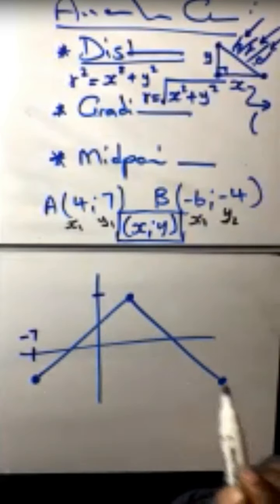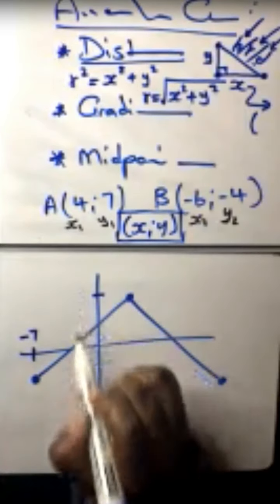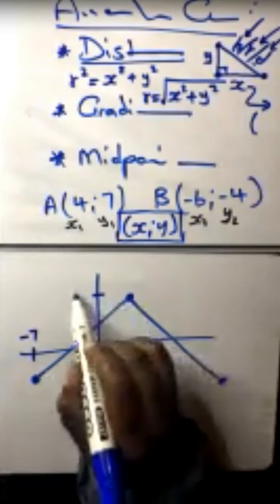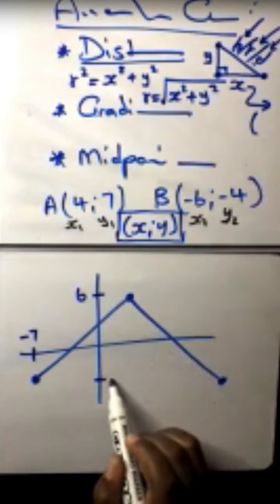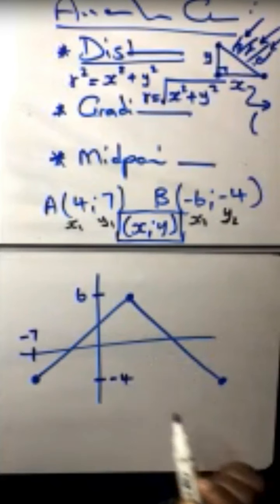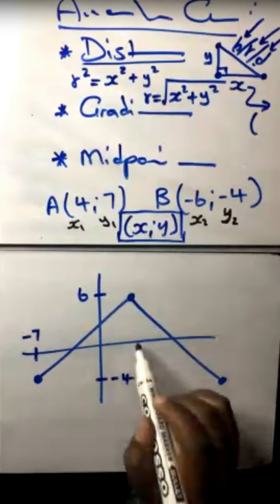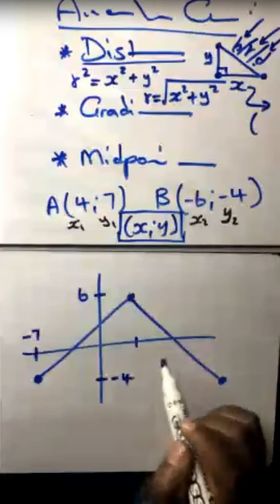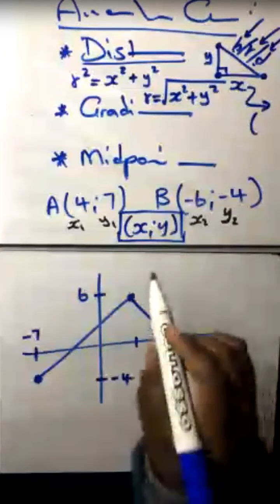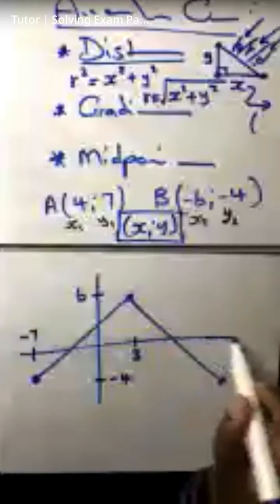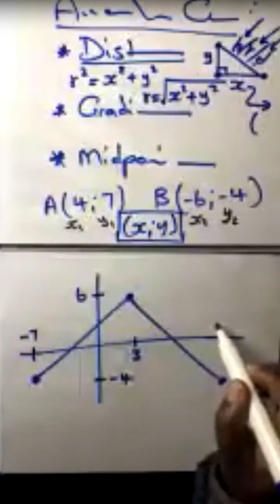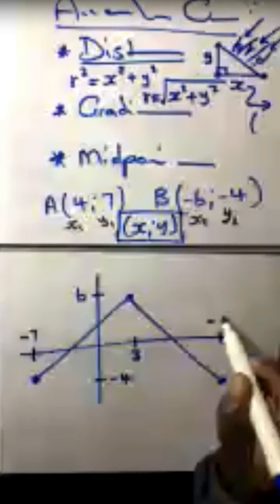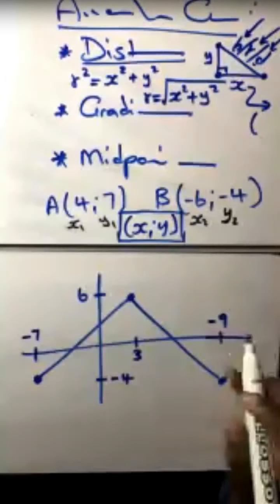That over there is positive, let's say positive 6, and that point over there, it's negative 4. That point over there, it's 3. That one over there, it's, let's say, negative 9.